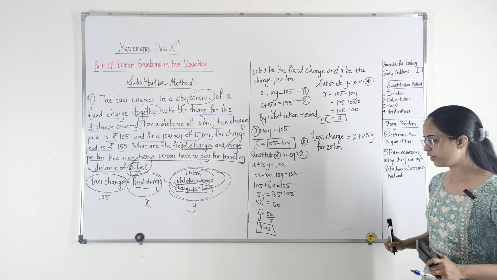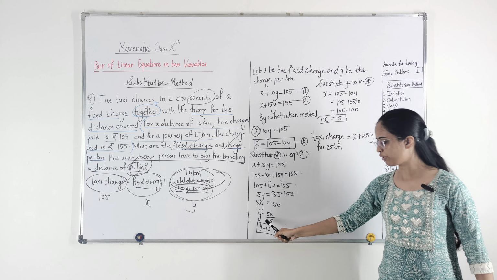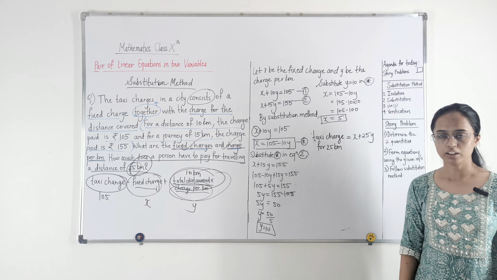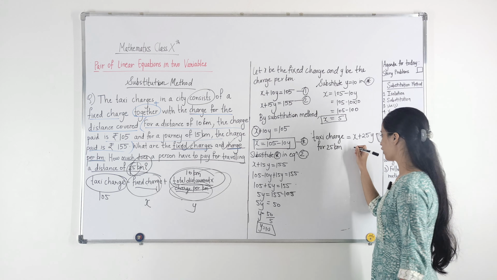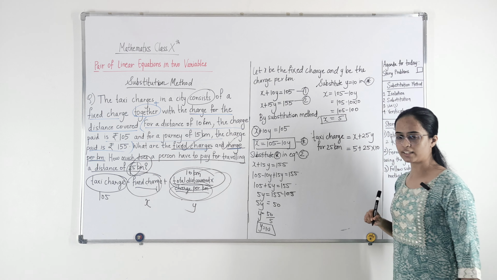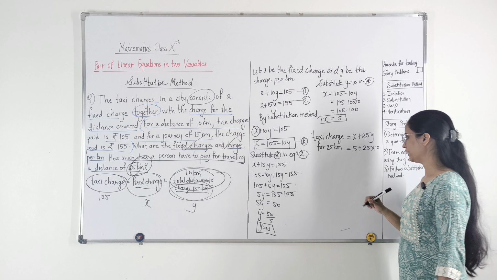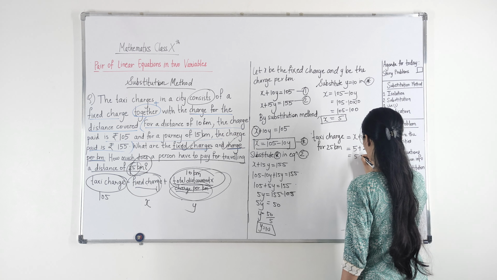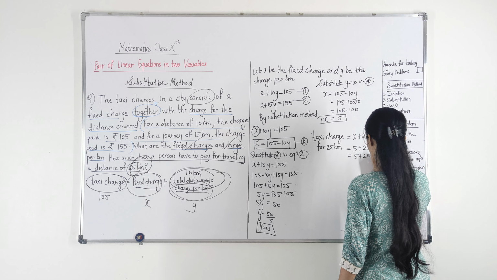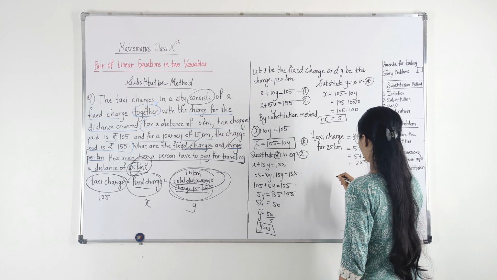Now we have already calculated the value for x, that is fixed charge, and we have also calculated the charge per kilometer. So instead of x, now you are going to substitute 5, and instead of y you are going to substitute the value 10, because our fixed charge is rupees 5 and our charge per kilometer is rupees 10. So we get 5 plus 250, so that is basically 255.